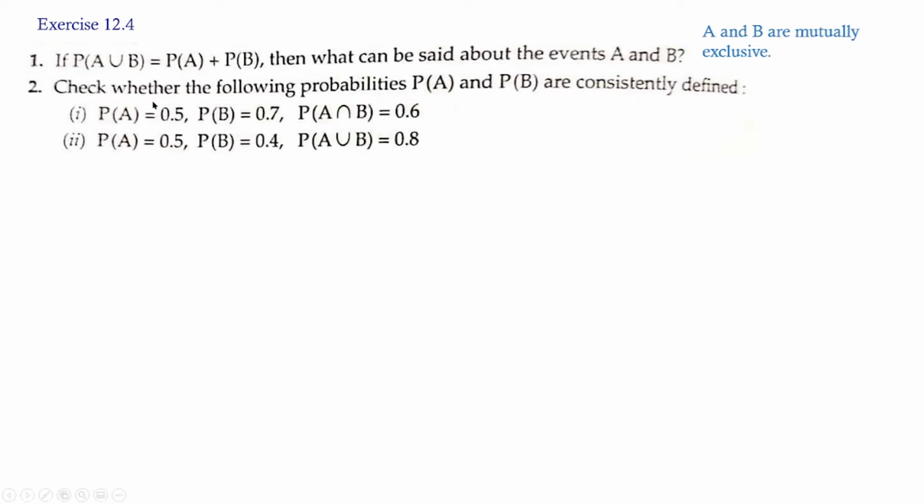Next question: check whether the following probabilities P of A and P of B are consistently defined. The first subdivision: P of A equal to 0.5, P of B equal to 0.7, P of A intersection B equal to 0.6. Now usually P of A should be greater than or equal to P of A intersection B, and P of B should be greater than or equal to P of A intersection B. But here we can see that P of A is 0.5 and P of A intersection B is 0.6.